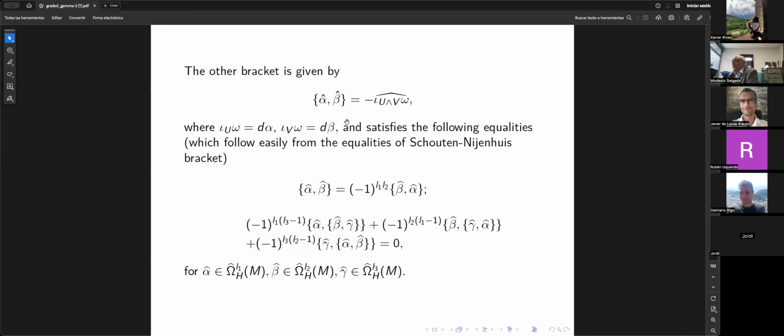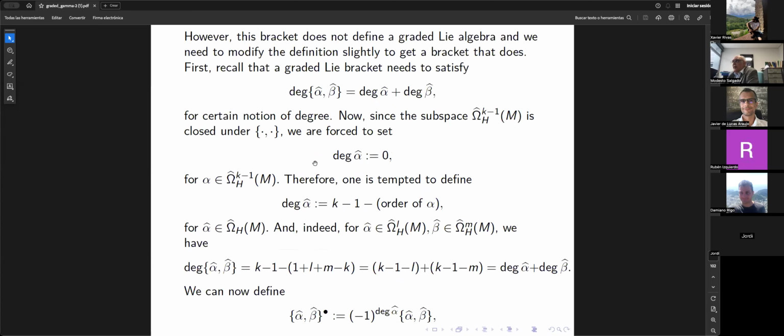It's not defined in this way. This is well defined and satisfies all the properties that we want. This is skew symmetry, but of course taking into account the grades of the forms, and this is the Jacobi identity.